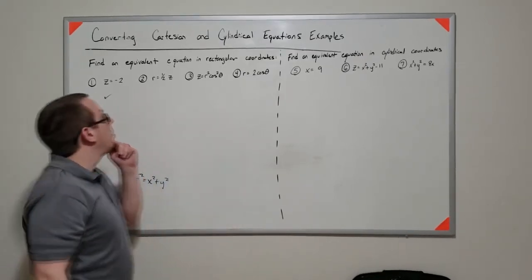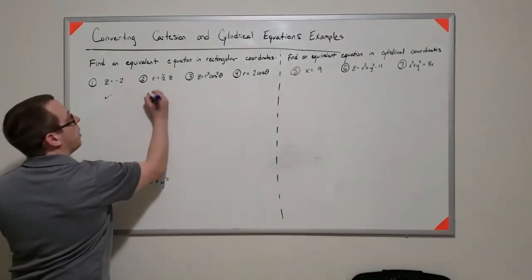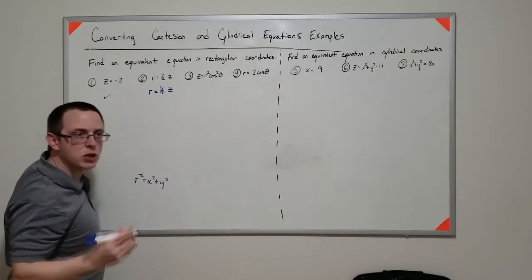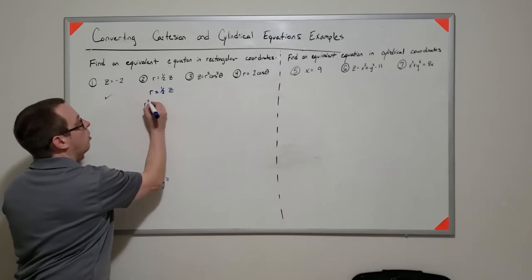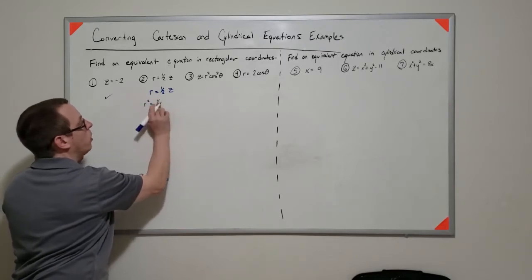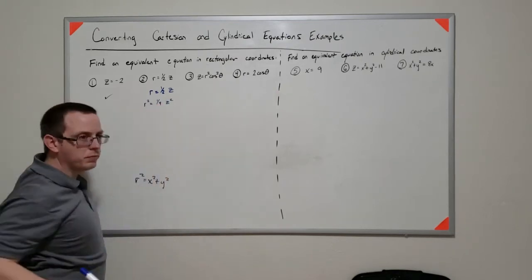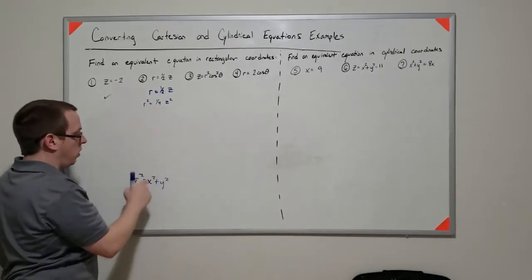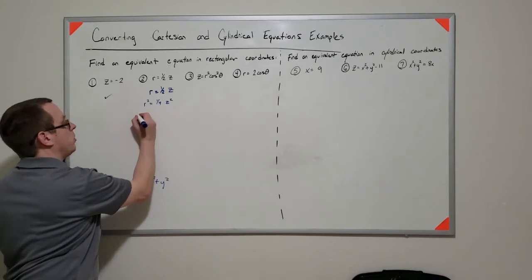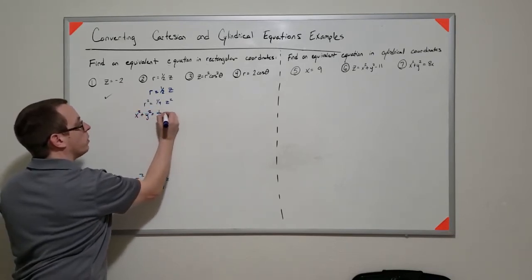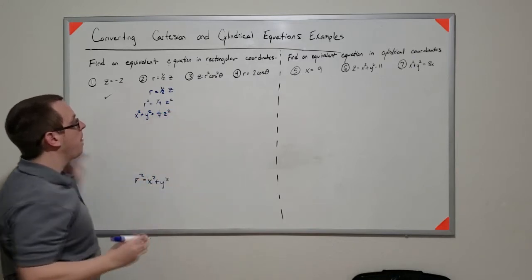So what if I squared both sides? If I squared both sides, I get r squared equals 1/4 z squared. And then I have this representation: x squared plus y squared equals 1/4 z squared.